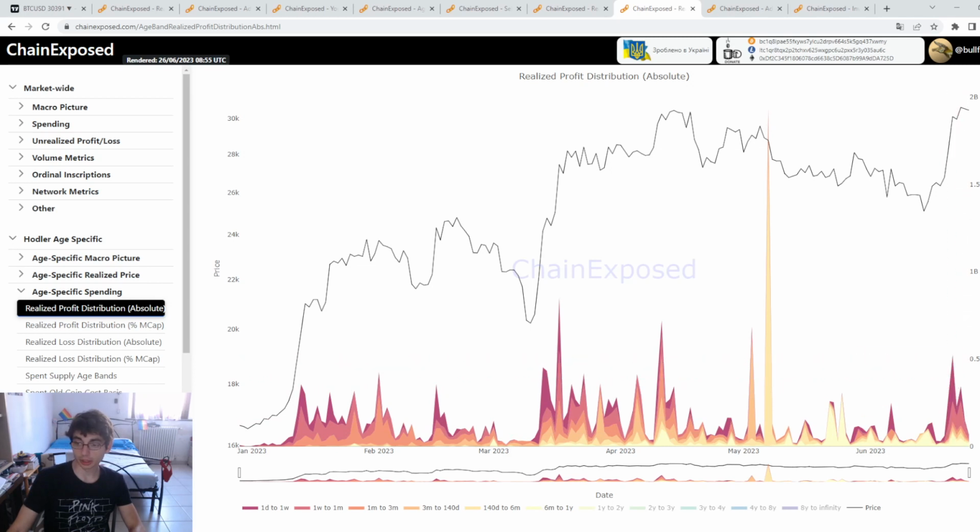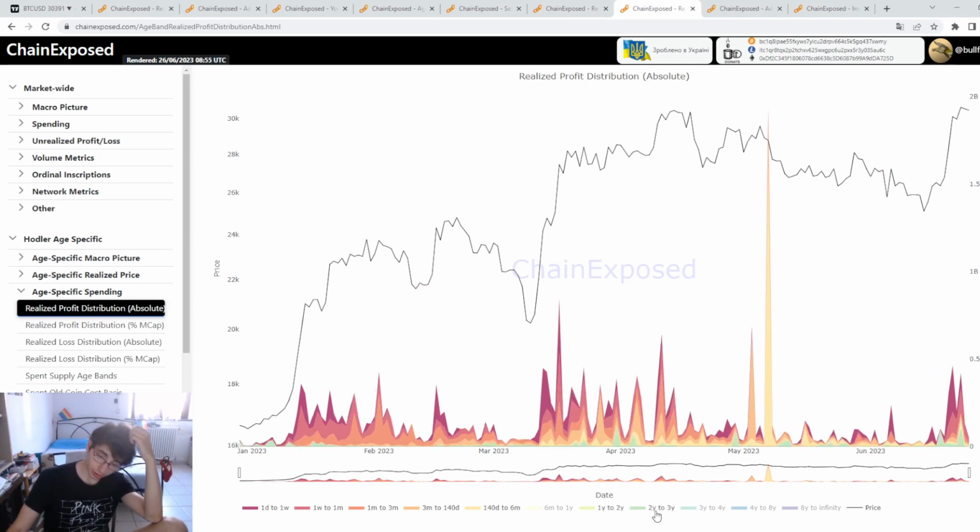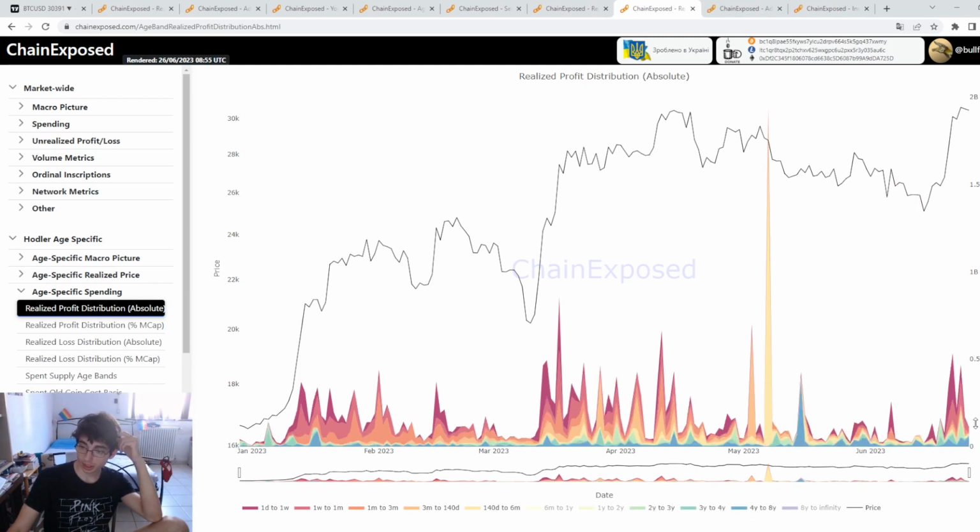So 0.5 billion you see yourself as a realized price from short-term holders, people that have 1 day to 6 month holdings, let's say. There is also a little bit of selling, as I already said, coming from 2 years, 3 years, and 4 years, but it's not really much.